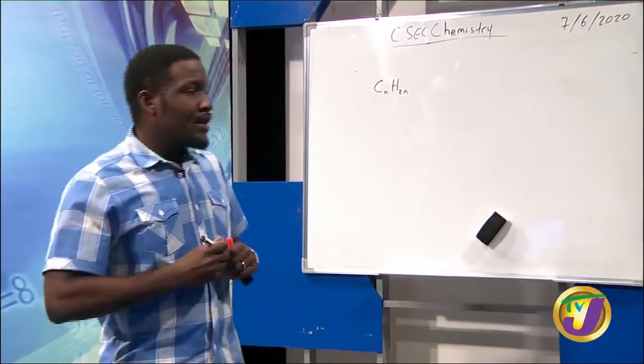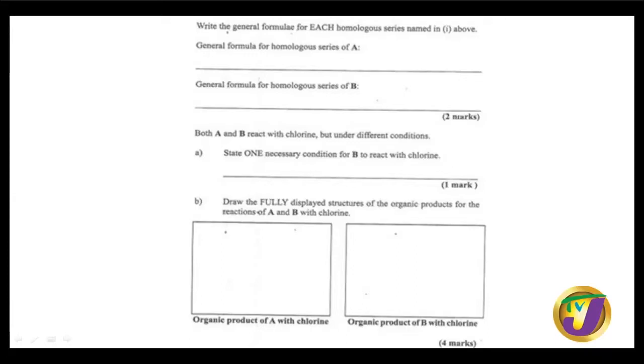All right. Then it says on the slide that both A and B, right? So we're looking at the third part of the question. So it says both A and B react with chlorine, but under different conditions. So state 1 necessary condition for B to react with chlorine. Now, if we recall, B is our alkane.